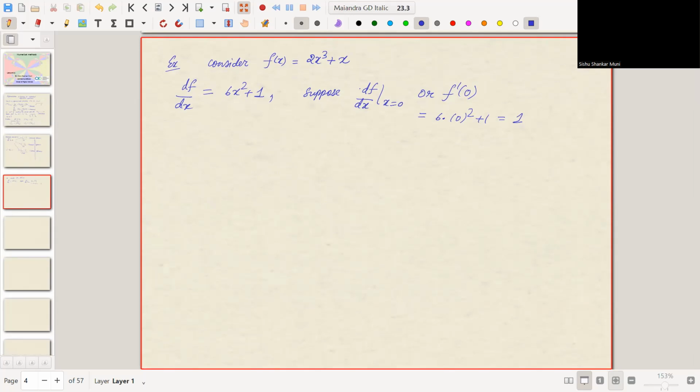Now we will check using our forward, backward and central difference schemes what values we get. So we know f of 0 is 1. In order to construct this numerical scheme, we need a grid first, and the grid we had assumed to be uniform. So let us take the uniform grid.